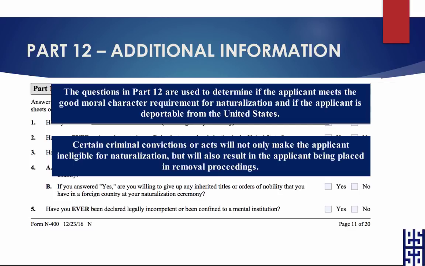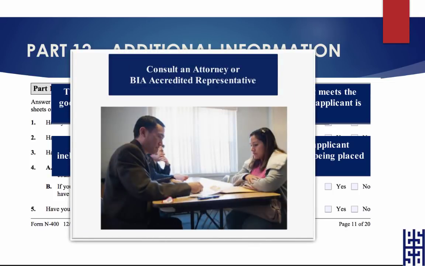Some criminal convictions or acts will make you ineligible for naturalization for 5 years, while others will make you permanently ineligible. If you answer yes to any of the questions from 1 to 44 in this section, it is essential that you consult with an attorney or BIA accredited representative before filing this application.